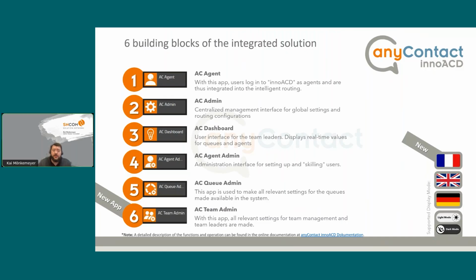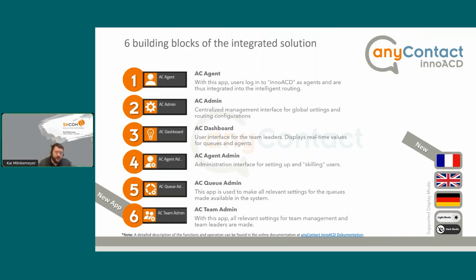If we take a little look into what anyContact innoACD is all about, at the core we have not one unique app, but 6 different apps which combined have all the functionalities.